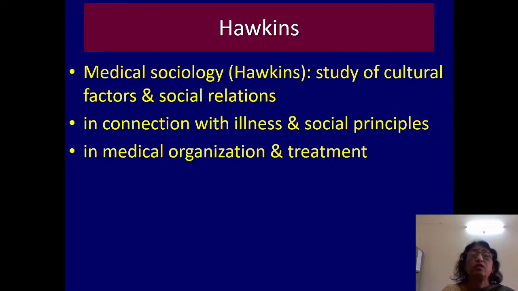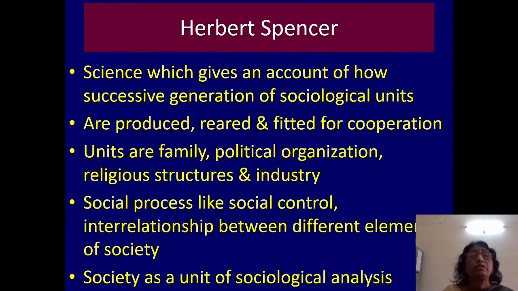Hawkins was also another person. During that time, he also said that there is a relationship between illness and social principles. And he was also a very famous man. And Herbert Spencer was also one who accounted for successive generations of sociological units.